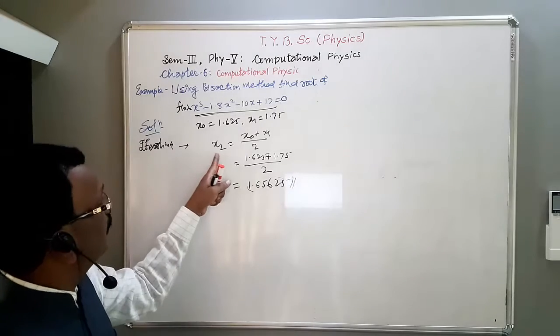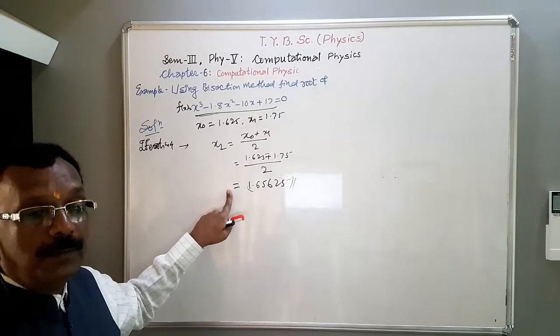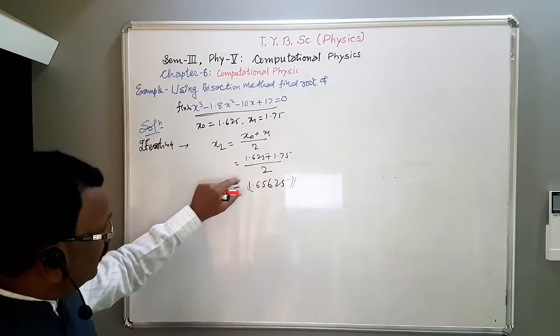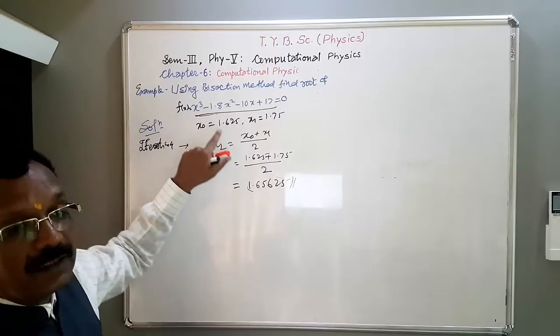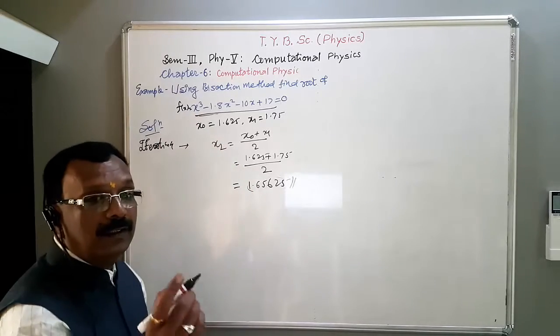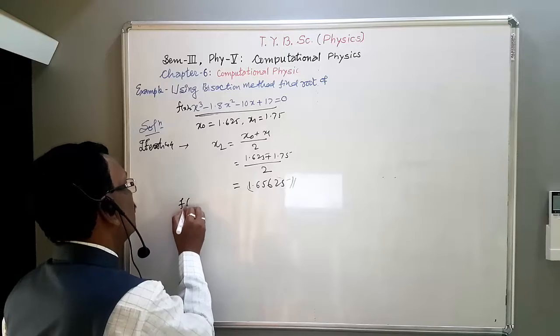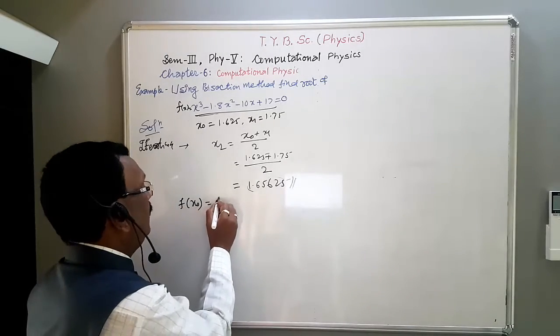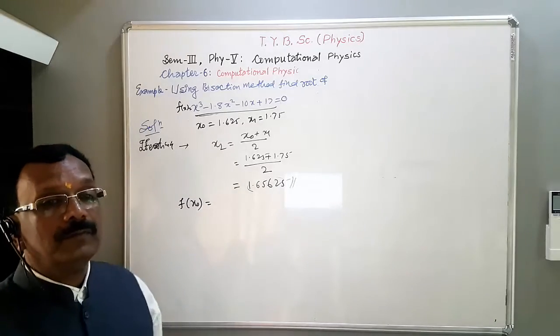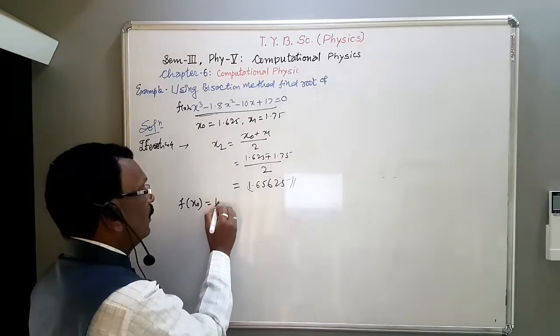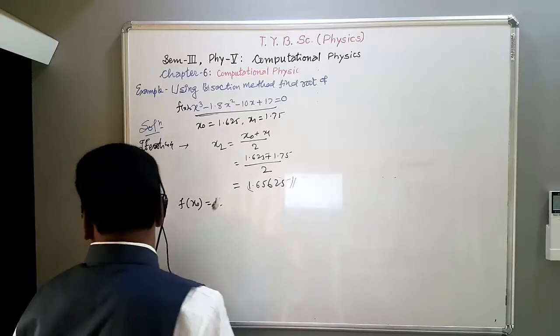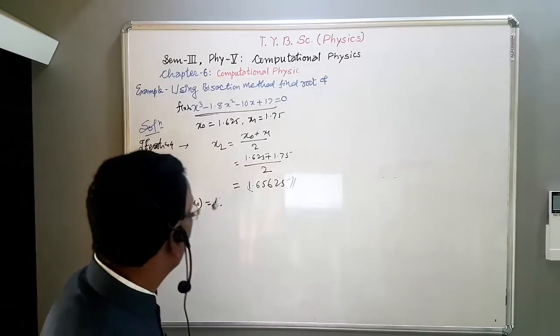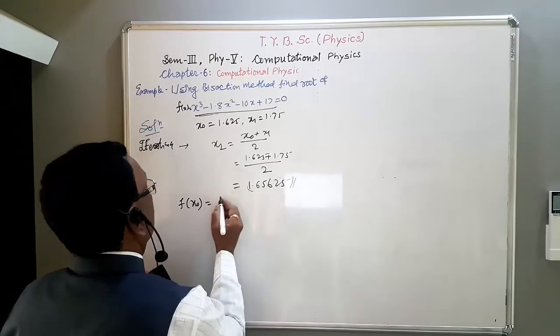First of all, this is the value of x2. Before substituting the value of x2 in this function, we have already calculated the value of f of x0. That means here we substitute 1.625.